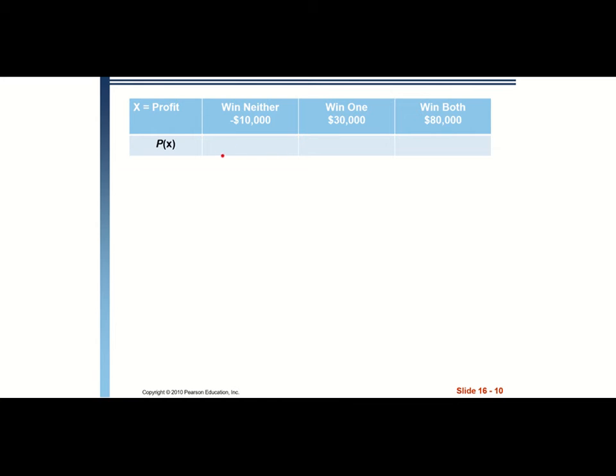So first step, we have to figure out what these probabilities are associated with each of these outcomes. So these are the probabilities as to how we got them. Winning both, there's a 20% chance that it wins the first, a 30% chance that it wins the second, 20% times 30%, 0.06.